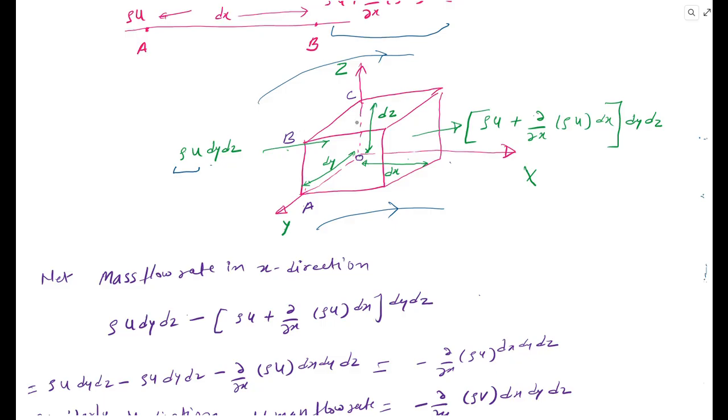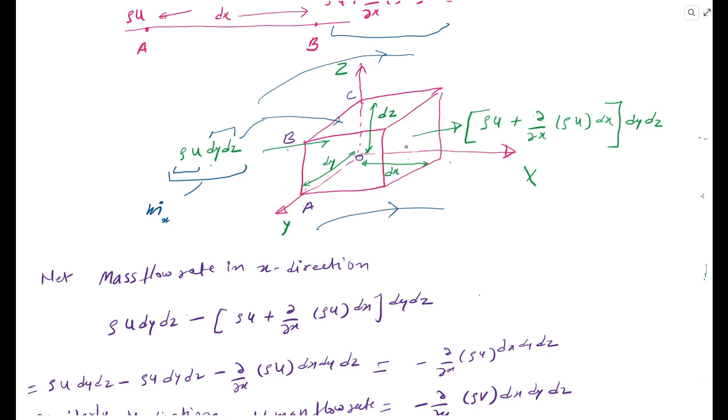The mass is coming in through this cross section, whose area is delta y and delta z, perpendicular to the x direction. So rho into u into this area becomes the mass flow rate in the x direction, so I can write m_x.